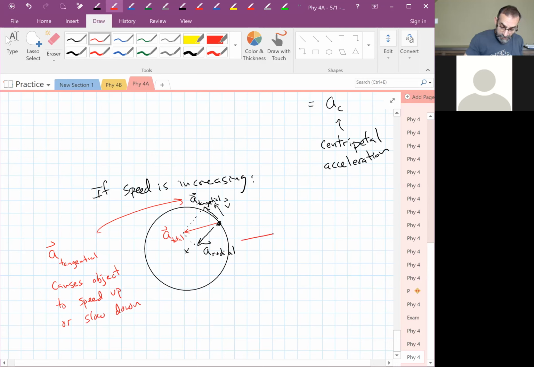And this one, a radial, changes the direction.